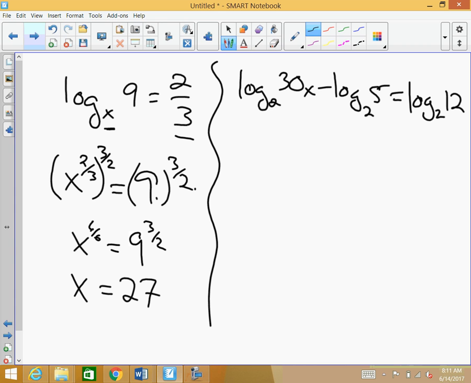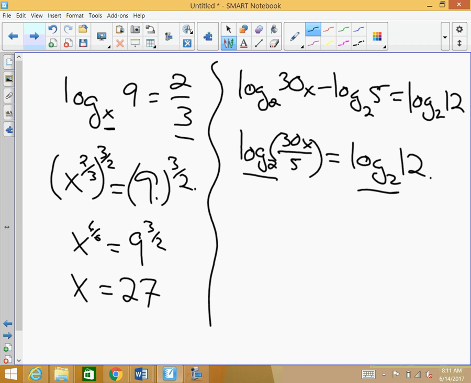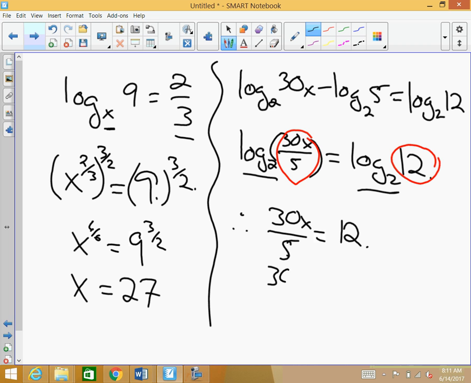So first thing is I'm going to use my quotient law here, and I'm going to go log_2 (30x over 5) is equal to log_2 12. Now, I have log_2 here and log_2 here. That means that this part of my equation and this part of my equation have to be equal. So that means 30x over 5 is equal to 12. So 5 times 12 is 60, 30x equals 60, 30x is equal to 2.